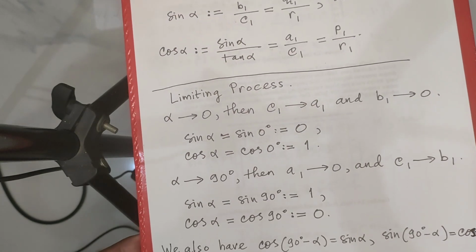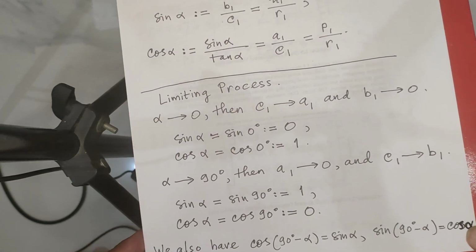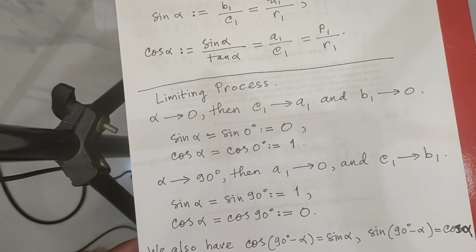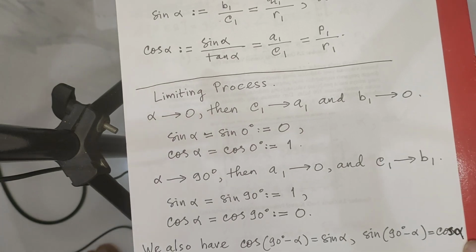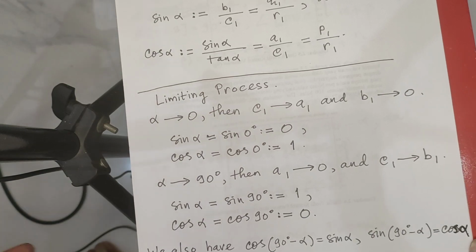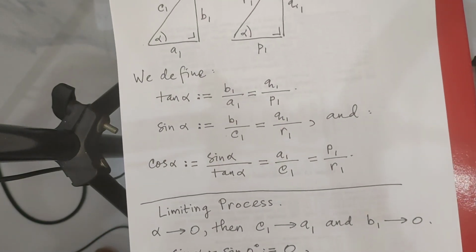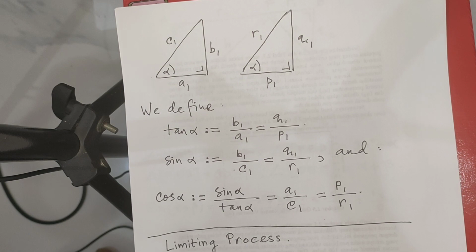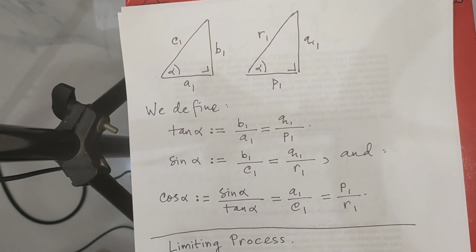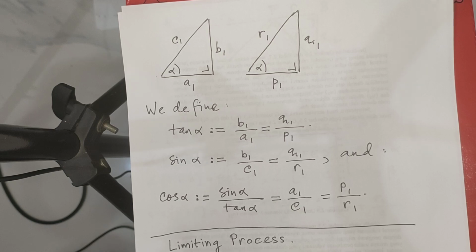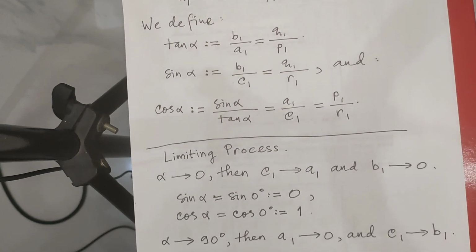We also use the limiting process if alpha is near 90 degrees, then we can define sine of 90 degrees equal to 1 and cosine of 90 degrees equal to 0. You can consider the first diagram of the triangle. If alpha is near to 90 degrees, then A1 is near to 0. Okay.